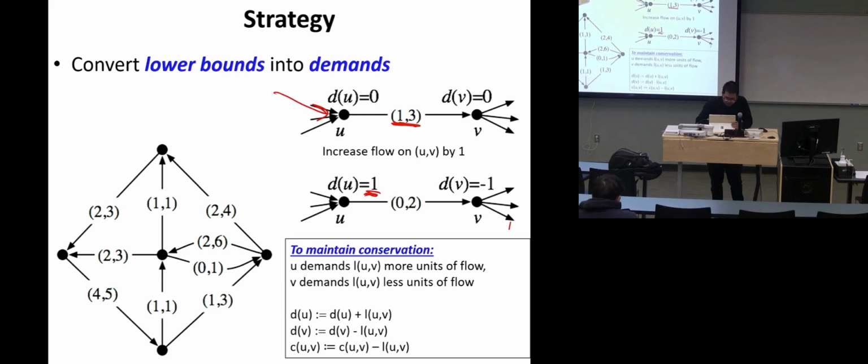For this edge with, let's say, lower bound 3, I would decrease the demand here. So for every edge, you look at both of its endpoints and increase and decrease demand according to the lower bound on each edge. Okay. Yeah.